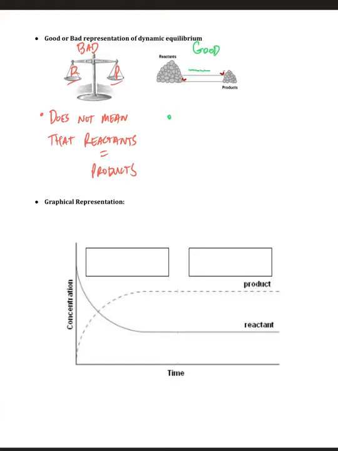So say this was the forward reaction represented by this ant, and this was the reverse reaction represented by this ant. Well, what's happening is each ant is taking one rock from that pile and transferring it to the other pile.